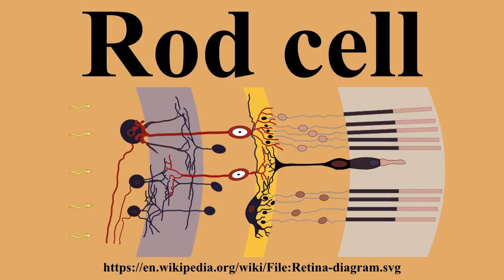Bipolar cells exist between photoreceptors and ganglion cells and act to transmit signals from the photoreceptors to the ganglion cells. As a result of the bipolar cell being hyperpolarized, it does not release its transmitter at the bipolar ganglion synapse and the synapse is not excited.